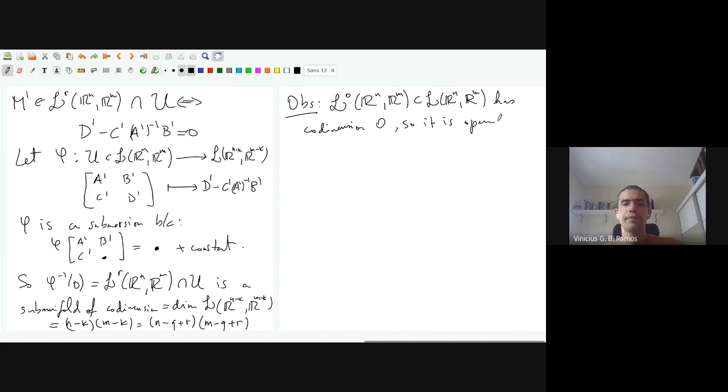So there we go. Any questions about this? Because when r is 0, then you have n minus q, and q is either m or n. So this codimension is 0. Okay. So this implies that S0 inside of J1 is also open. It's an open submanifold.